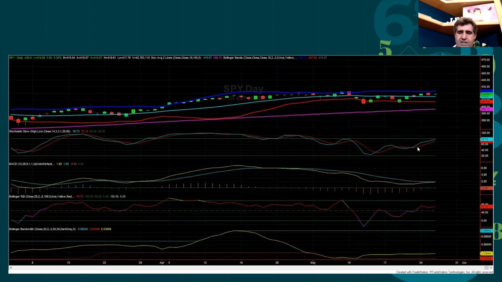And as you can see right now on the stochastics, we are in overbought. So the question is, when we are in overbought, we are at 76 or 78. This might not be the best time to get in, although the MACD is trying to give us a signal.